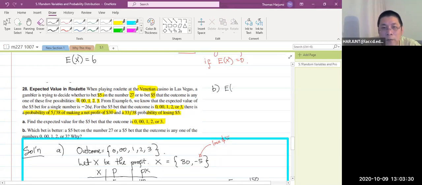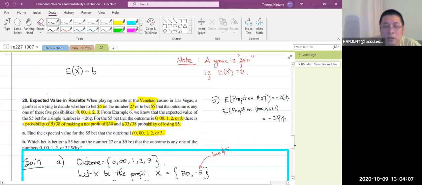The expected profit on number 27 only is, as they tell us, negative 26 cents, right? While the expected profit on the numbers 0, 00, 1, 2, 3 is negative 39 cents approximately, right? Okay, so which is better?